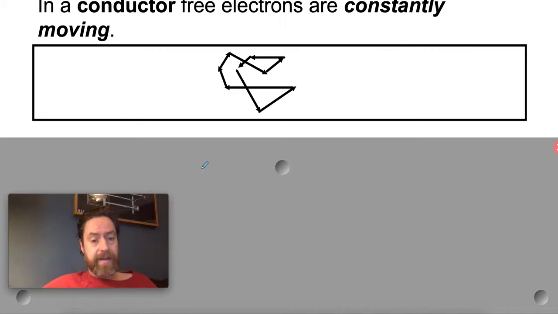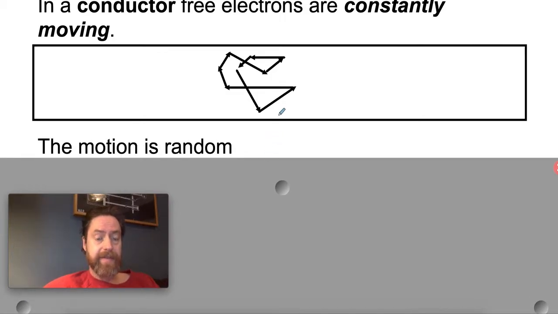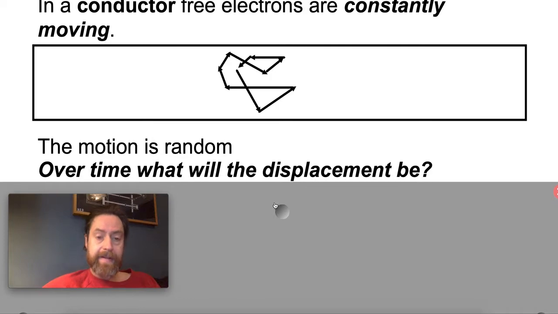So in a metal, a conductor, the free electrons are constantly moving. They're moving at random, a bit like in this picture here. But because there's so many of them, and they're moving at random, over time, their displacement will basically be zero.